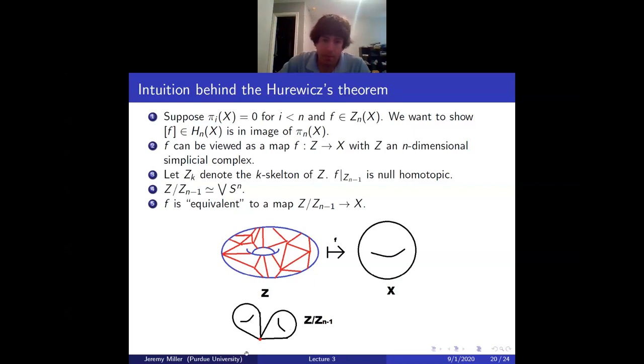This is supposed to show that it's in the image of Hurewicz, because it's equivalent to a map from a wedge of spheres, and then you just add up the maps from the individual spheres in pi n.